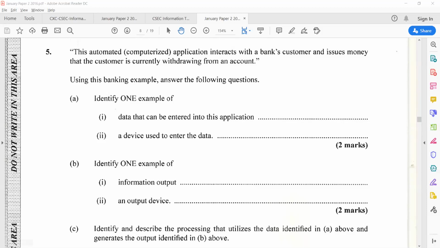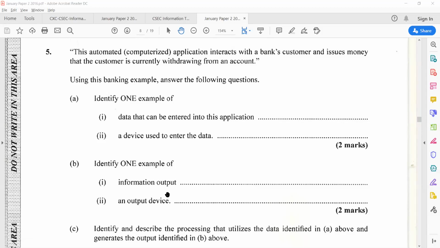And what is an example of an output device? How does this information get to you? How do you receive this information? If you withdrew money from your account, say you had $500 in your account and you withdrew $100, so the remainder is $400. How do you know what that amount is?